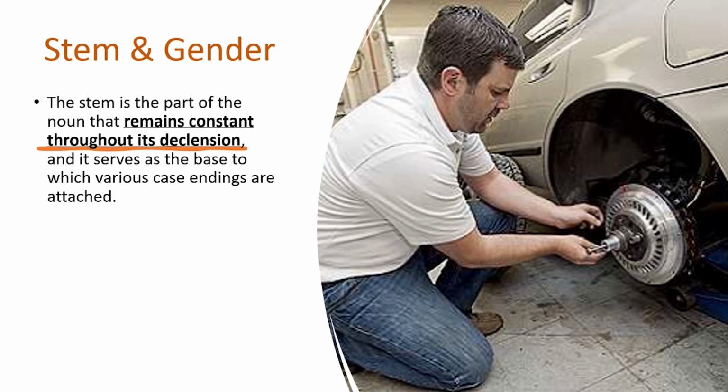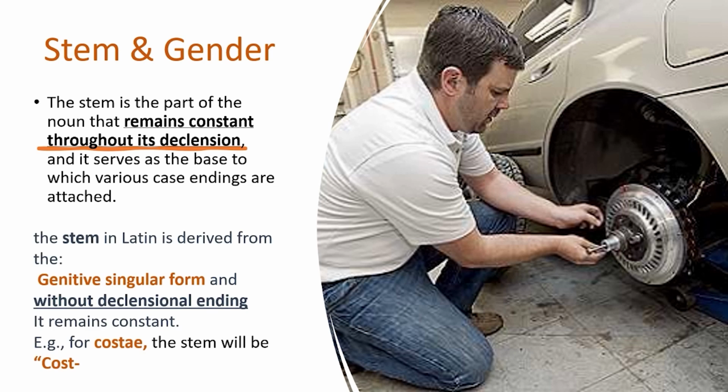Irrespective of which declension you want to use, first, second, third, fourth, or fifth, the stem will remain constant. What will change are the endings. And this stem serves as the base to which various case endings are attached.